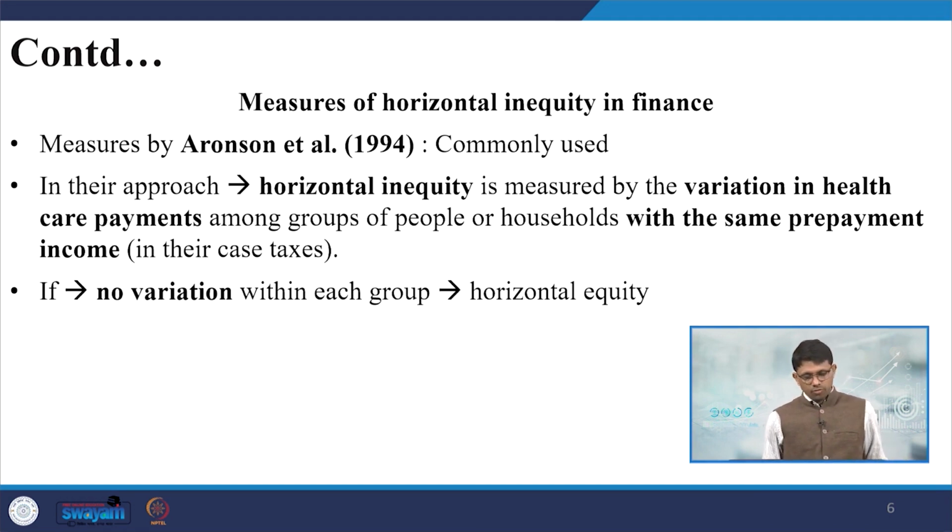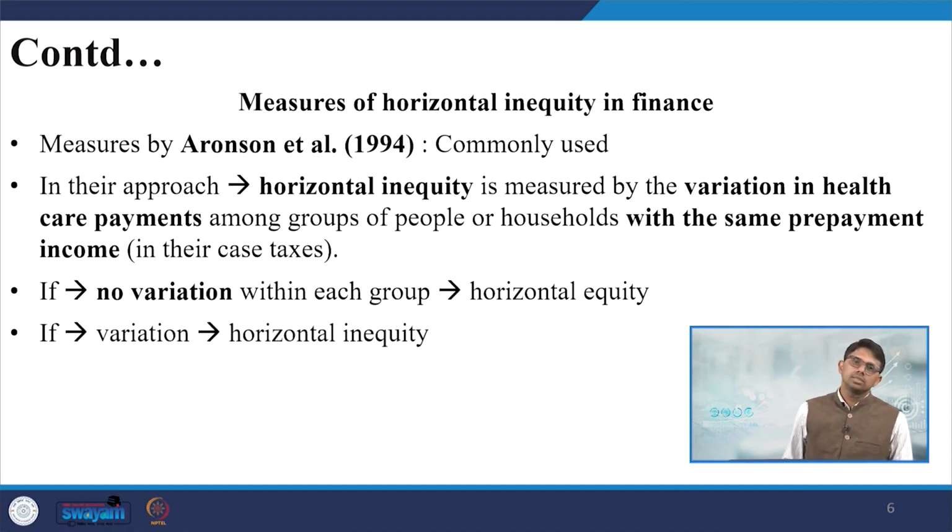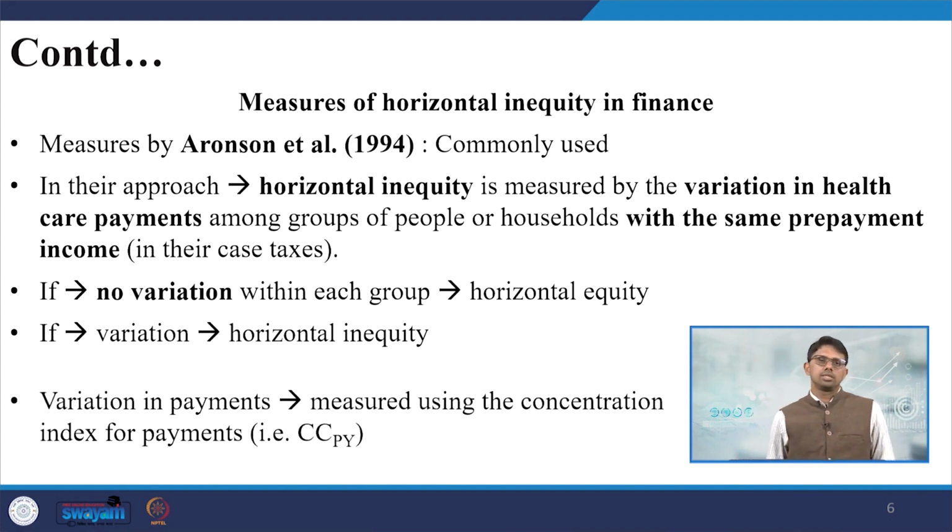And if there is no variation within each group, then of course we attain horizontal equity, and in case of variation that results in horizontal inequity. Horizontal refers to the same income level or status, etc. And variation in payments is measured using the concentration index for payments, which we did in the last lecture.